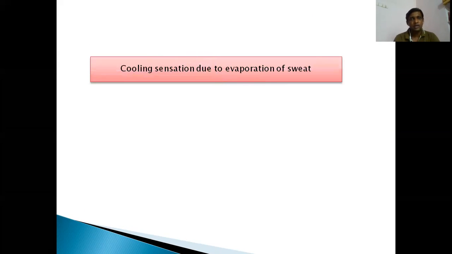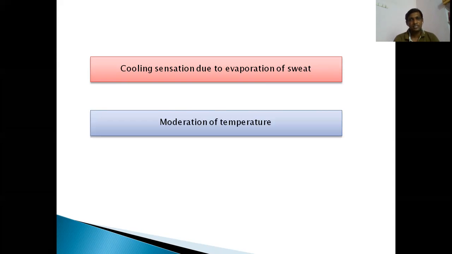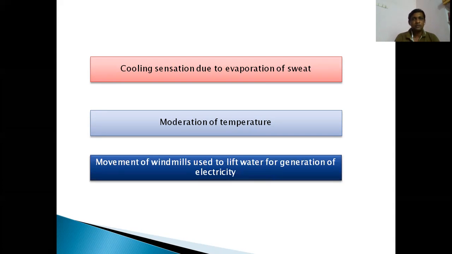One more important use is the cooling sensation due to evaporation of sweat: when sweat comes, your body cools with the help of air. Next is moderation of temperature, that means maintaining body temperature constant. Moving wind rotates windmills, which lift water and generate electricity.